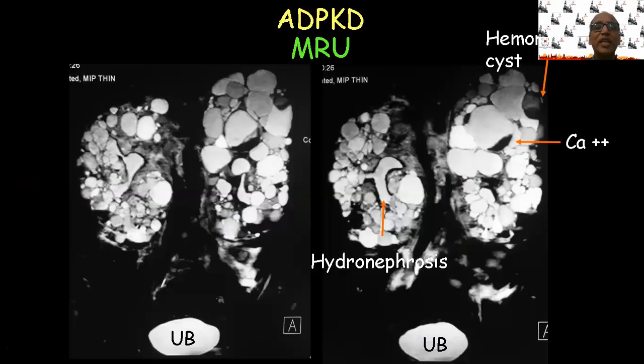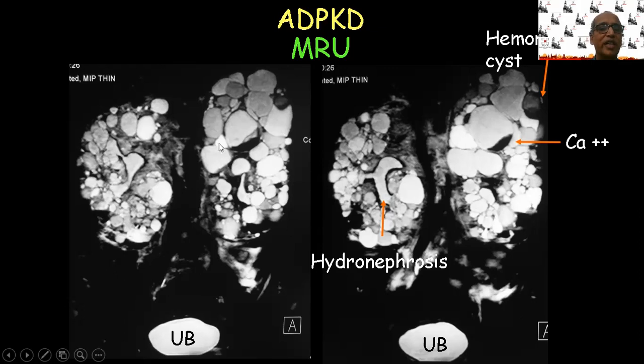Now, another setting where MR is excellent after an equivocal ultrasound is the evaluation of a patient with ADPKD who comes with pain in the flank. The pain could be due to obstruction, hemorrhage in a cyst, or infection in a cyst. A T2 weighted MR urogram type of image shows that both kidneys are enlarged with multiple cysts.